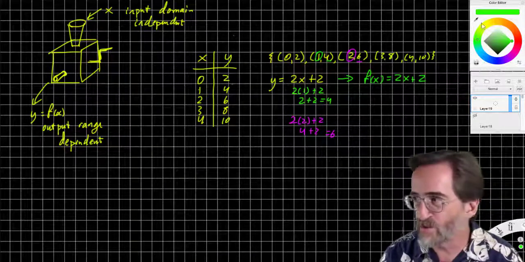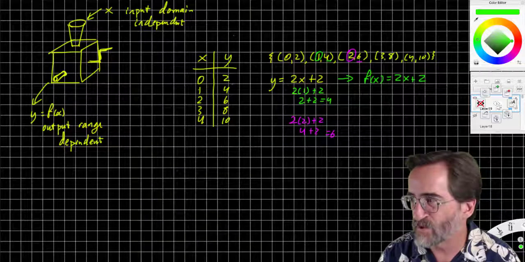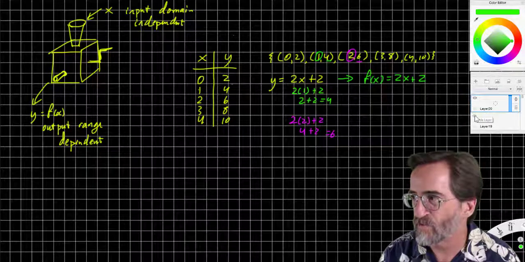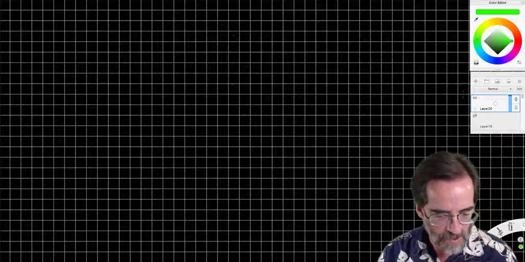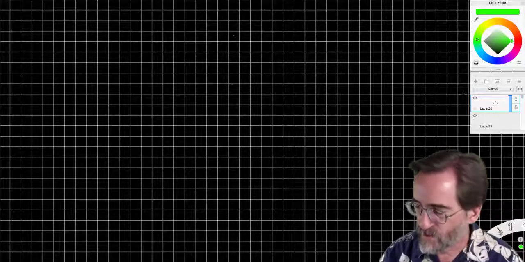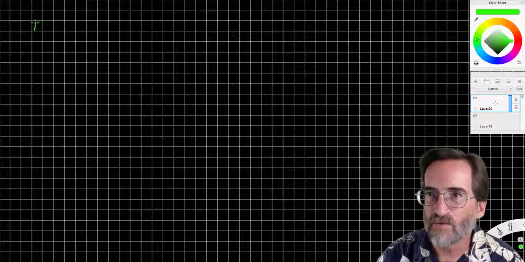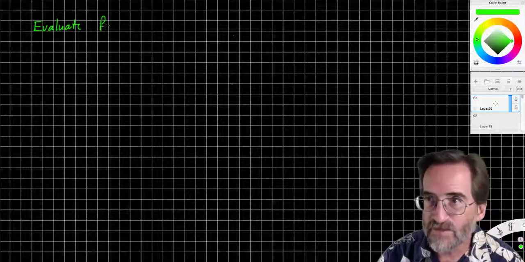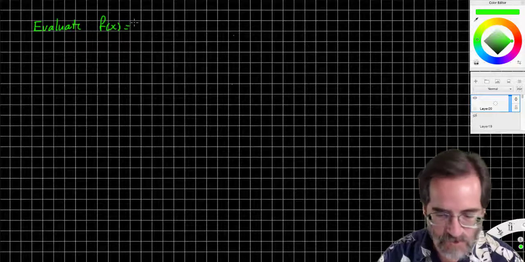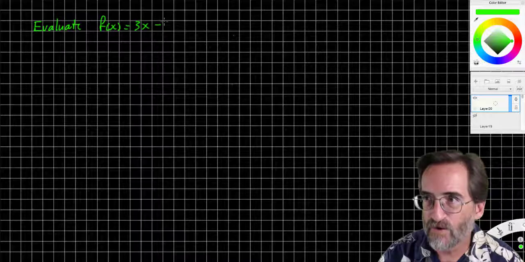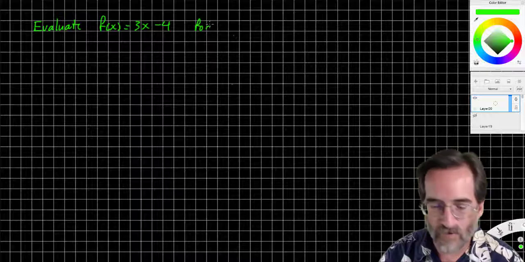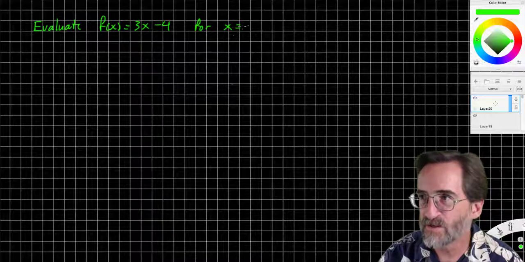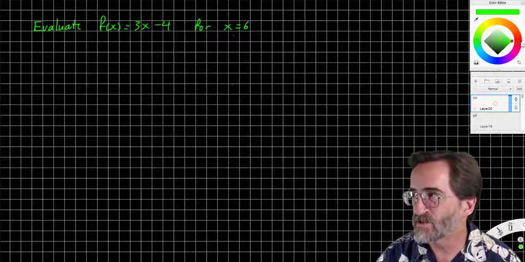So here are some examples of things you're going to need to be able to do with linear functions. Evaluate. If we're asked to evaluate f of x equals 3x minus 4 for x equals 6, what it's asking us to do is substitute.